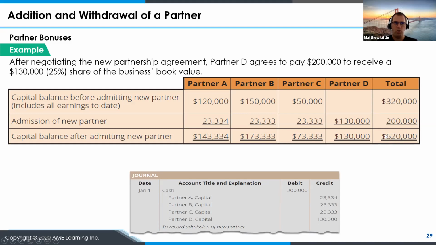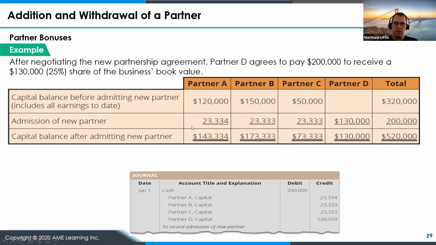Therefore, we need 1/4 of the 520 to be partner D's value. So you take the 520 times 0.25, your formula will tell you that 130,000 should belong to partner D. So partner D is paying 200,000 in cash, but they're only getting value of $130,000 in equity. What happens to the rest of the transaction?